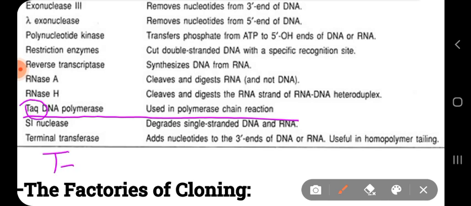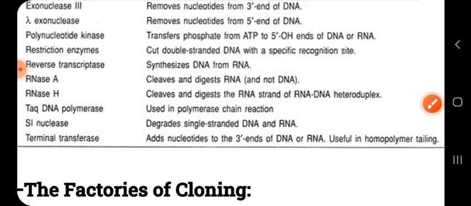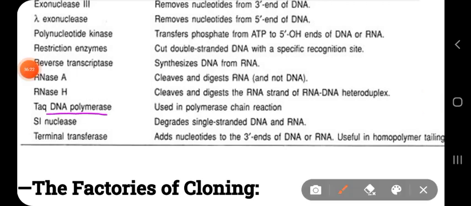T means Thermus, E, and AQ for aquaticus. So from Thermus aquaticus, from this organism, we obtain this type of DNA polymerase.